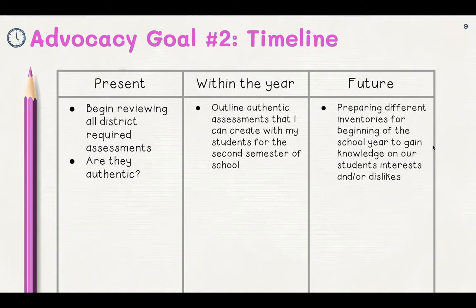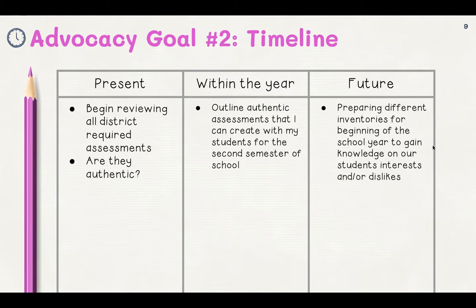And so within the year, I would like to outline some assessments or questionnaires that I can create with my students for the second semester of school and really start to include them on some of those required assessments from the district. And so we can look at the rubrics or the checklists that are provided and see how we can tweak them so students are involved and they truly understand expectations.